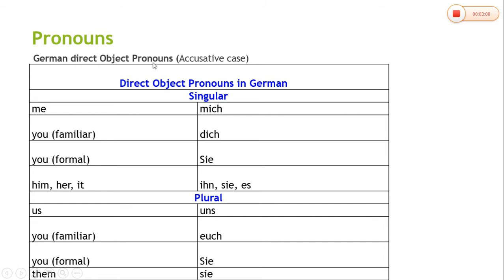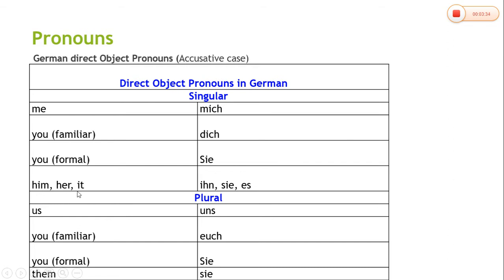German direct object pronouns or accusative case. Singular: for me, we say mich. You, familiar, dich. You, formal, Sie. Here, familiar means informal.